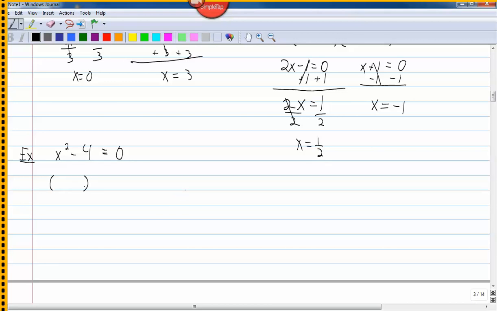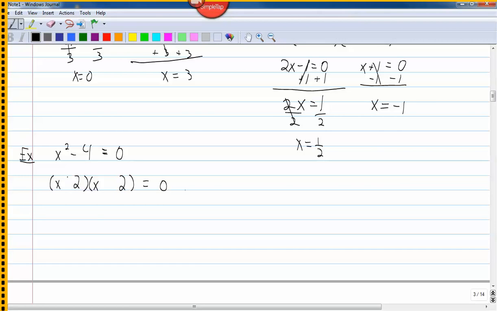So the way you factor that is you make two sets of parentheses, and the first set of parentheses, right, which you would have to multiply times itself to give you x squared, that's x. Then you take this last number and write down what you'd have to multiply times itself to give you that 4, that's 2 times 2.